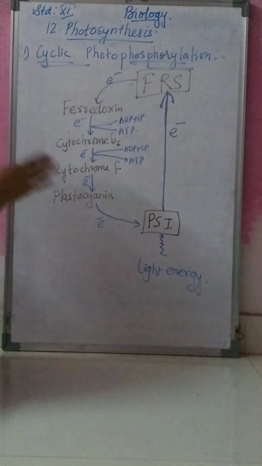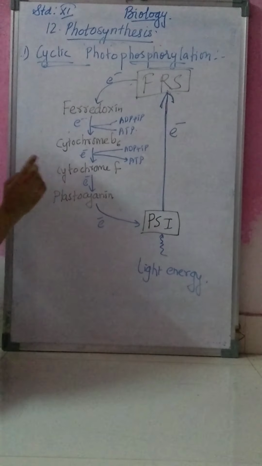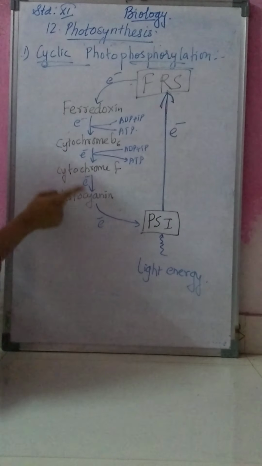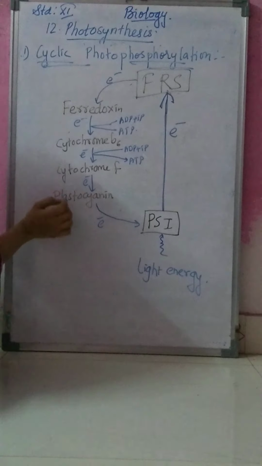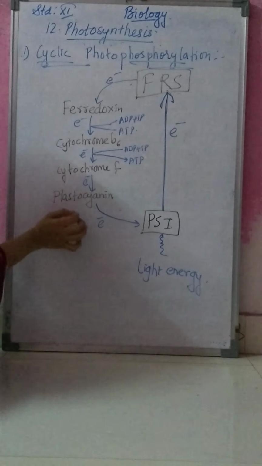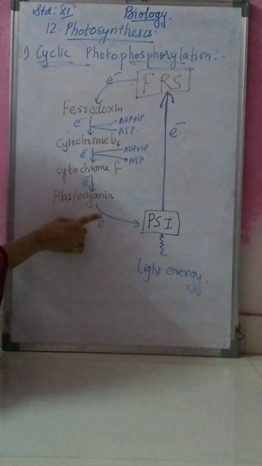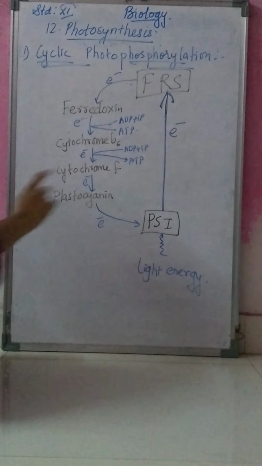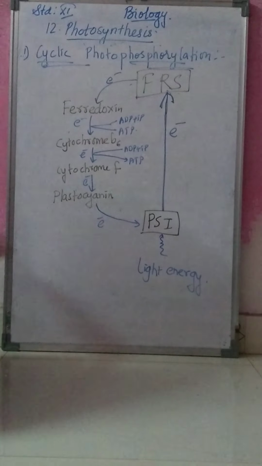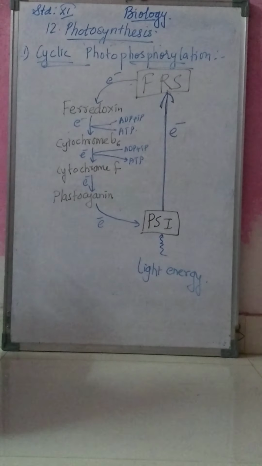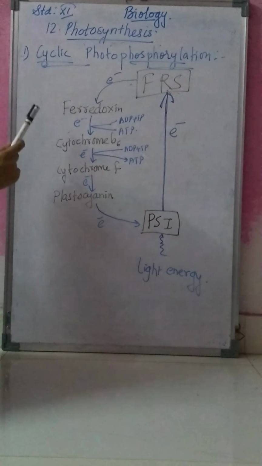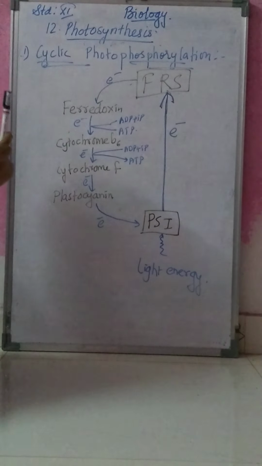In cyclic photophosphorylation, the electrons which are emitted by photosystem 1 come back to photosystem 1 in a cyclic form. Hence this type of photophosphorylation is known as cyclic photophosphorylation.